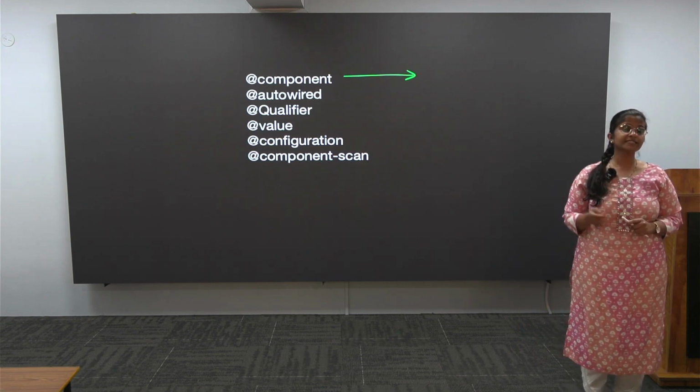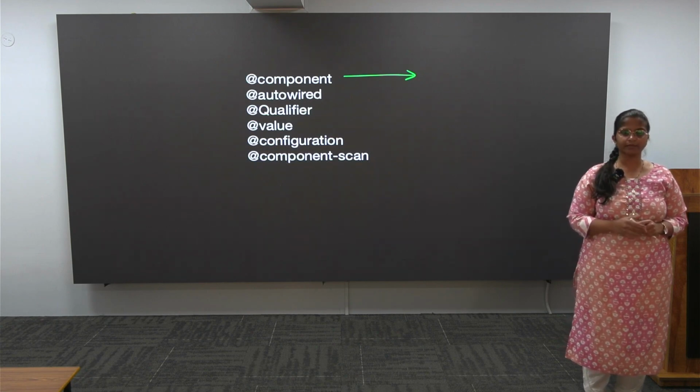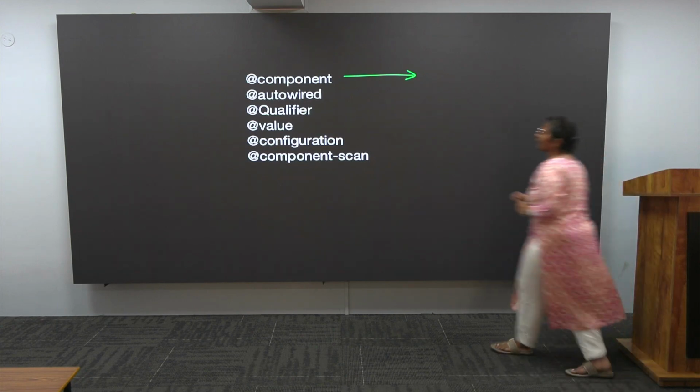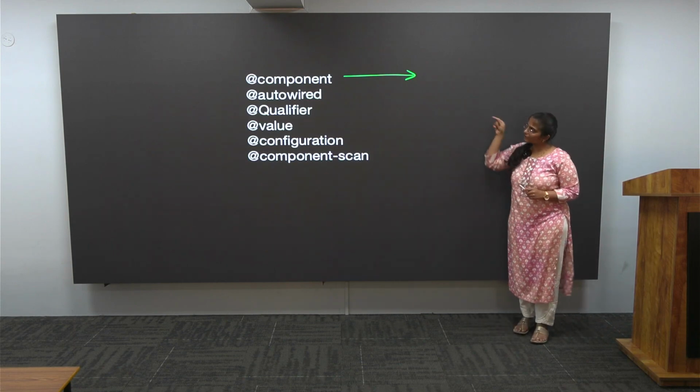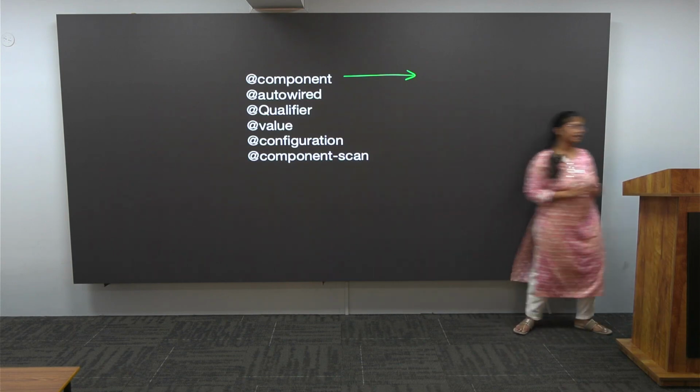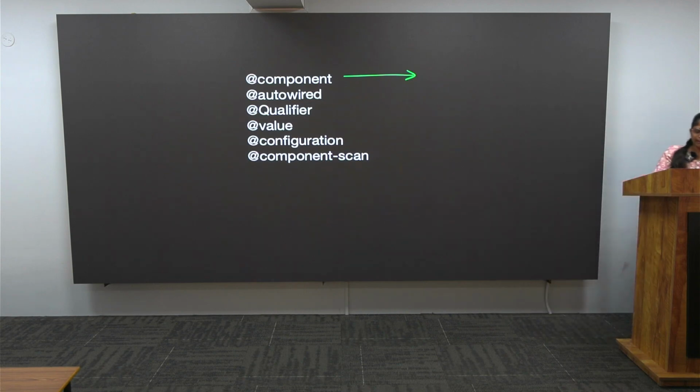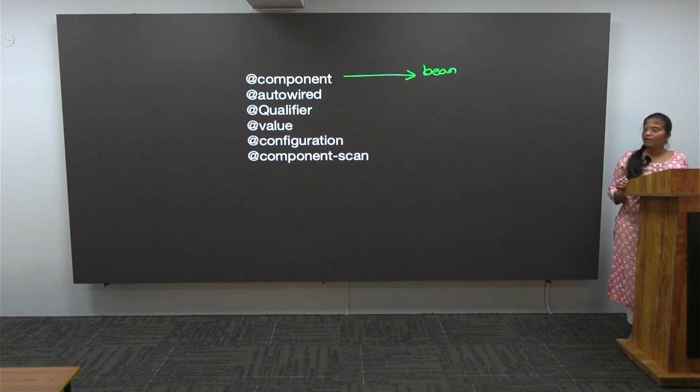You will make use of the bean tag in applicationContext.xml. Instead of the bean tag, I can make use of @Component. Means for a class, if I say @Component, it will create a bean. I hope it is clear for you. So whenever you want to create a bean for a class, you need to say @Component.